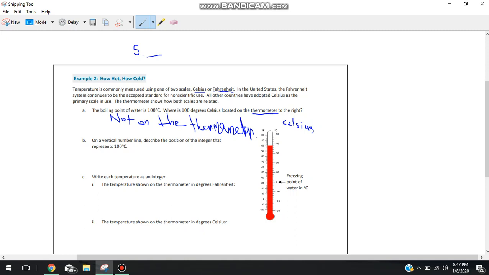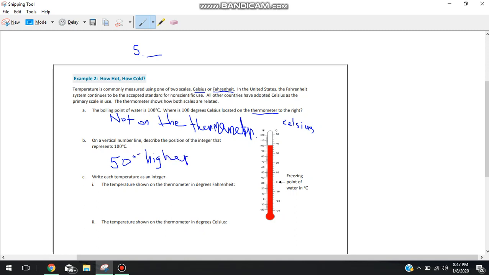So I guess we can write that the position would be 50 degrees higher than 50 degrees, right? We'd have to go 50 more from 50.